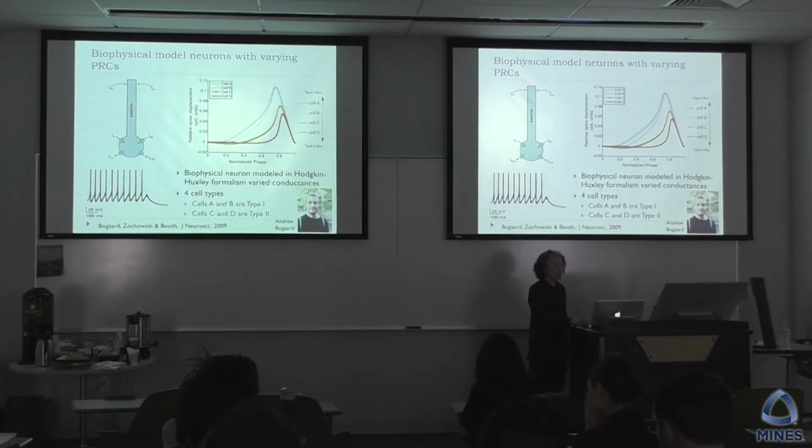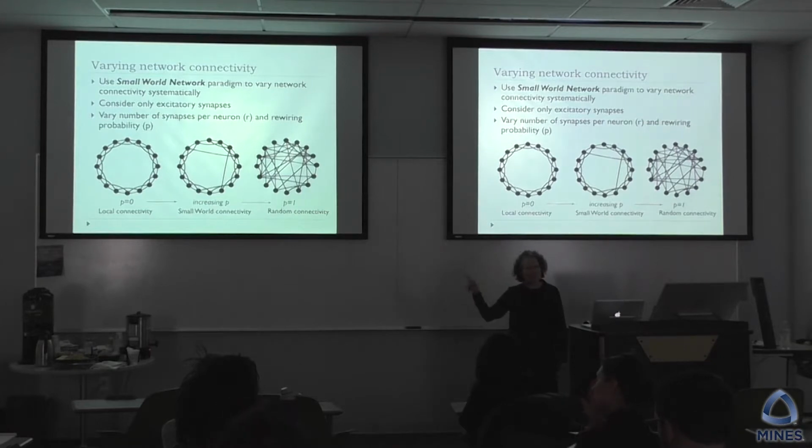And so we built networks containing these model neurons, and we wanted to consider different network structure topologies. And so what we used is a small world network paradigm to systematically vary the network topology from a local connectivity structure, nearest neighbor connectivity structure, to a random connectivity structure. How we can do that using this small world network paradigm is we can start with a locally connected network where the dots are our neurons and the edges are our synaptic connections.